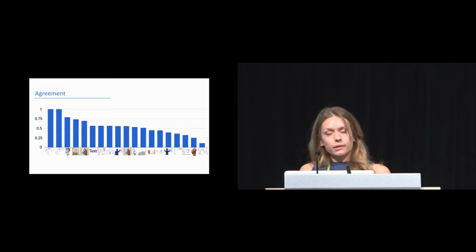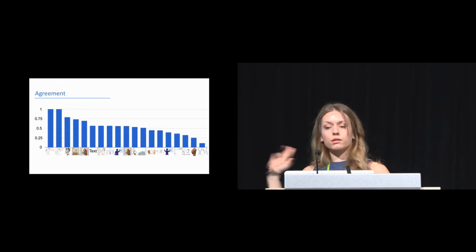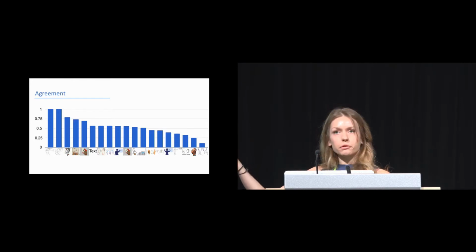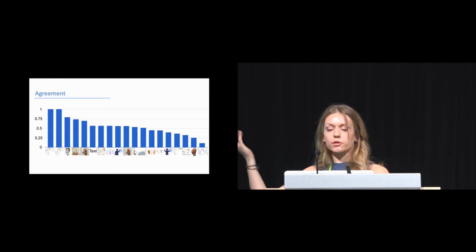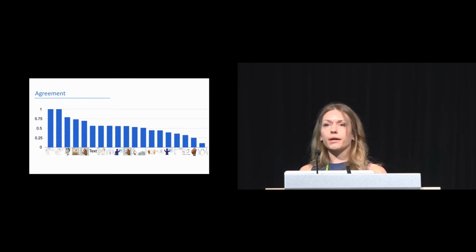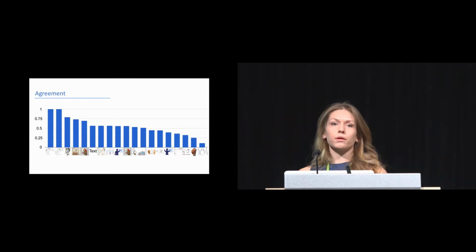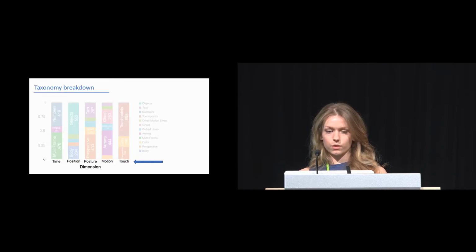So then we calculated agreement amongst the representations. The average agreement across all representations was 0.55. Generally speaking, this indicates good consensus among participants in line with other elicitation studies. You can see here we have 2 that had 100% consensus.